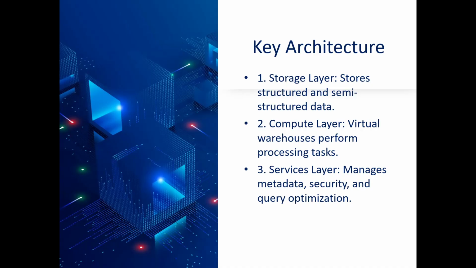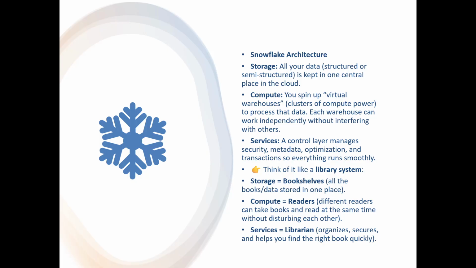There are three layers: storage layer, compute layer, services layer. The storage layer stores structured and semi-structured data. The compute layer means virtual warehouses perform processing tasks. And the services layer manages metadata, security, and query optimization.